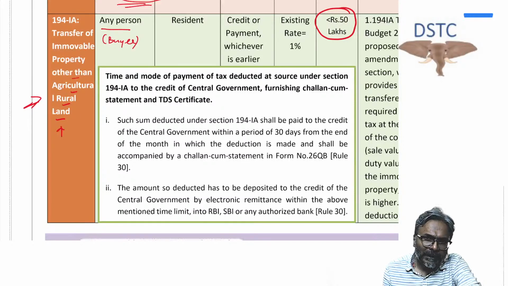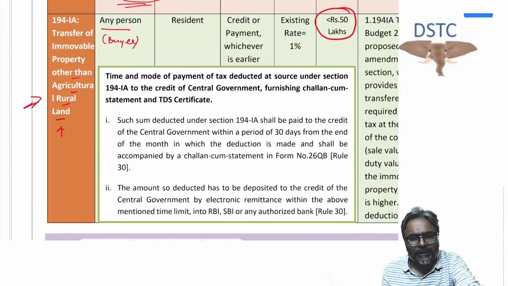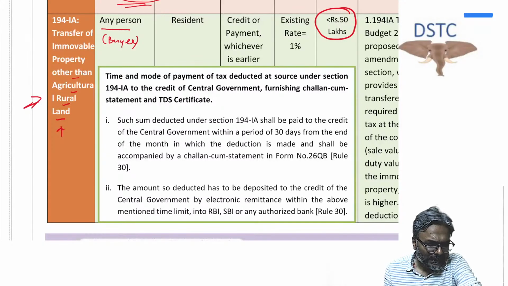So the buyer who is making the payment for the transfer of rural agricultural land will not be required to deduct any TDS on such payment. Is that point clear to all of you?